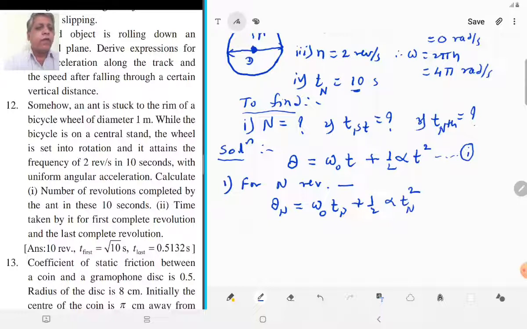In one revolution, angular displacement theta 1 is equal to 2 pi radian.